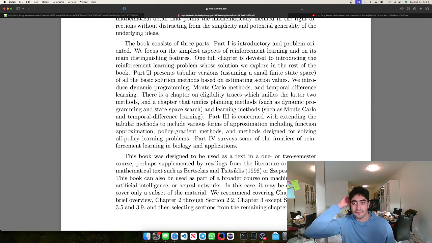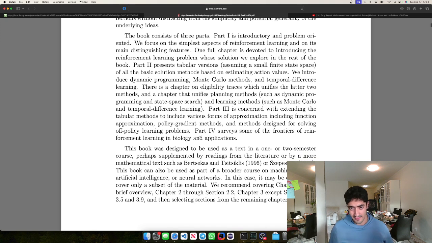Part 2 presents the algorithms, Part 1 represents the problems, and Part 3 extends the tabular methods to include various forms of approximation methods, policy gradient methods, and methods designed for solving off-policy problems.